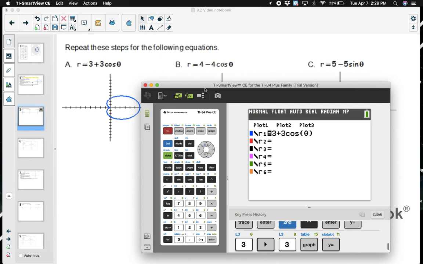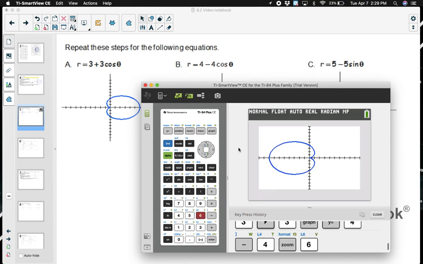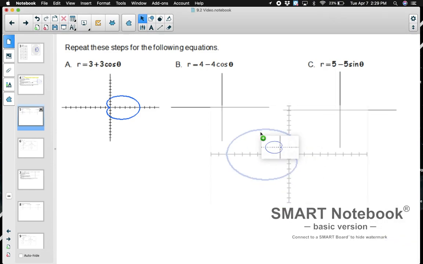The next equation is 4 minus 4 cosine theta. I could do my zoom 6, but since we're already there, it's going to be the same thing. So here we go. Put this in.